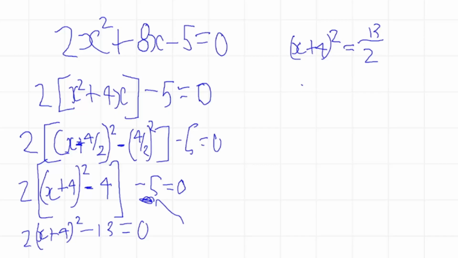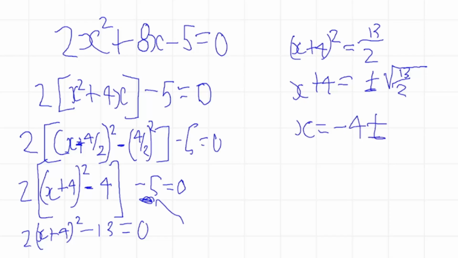Then you square root both sides, so it's x plus 4 equals plus or minus, because that's where you get your two answers from, root 13 over 2. And then it's x equals minus 4 plus or minus root 13 over 2.